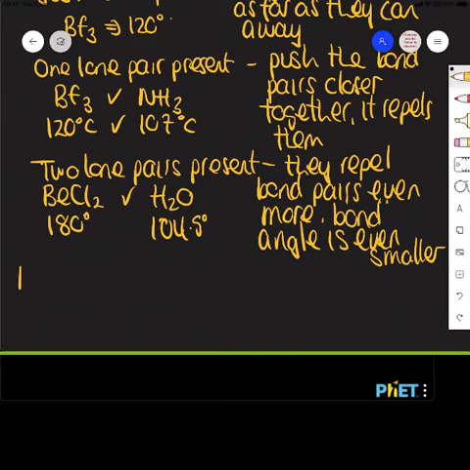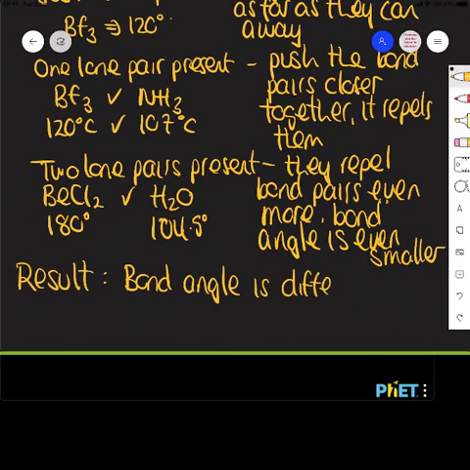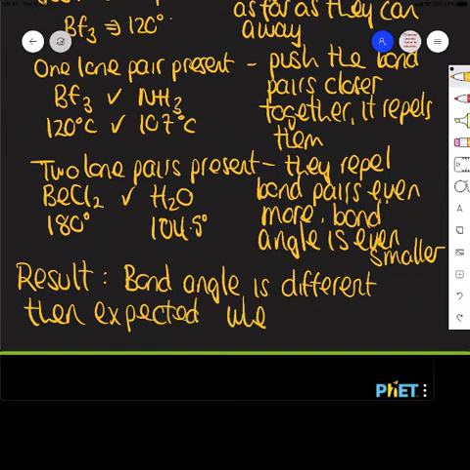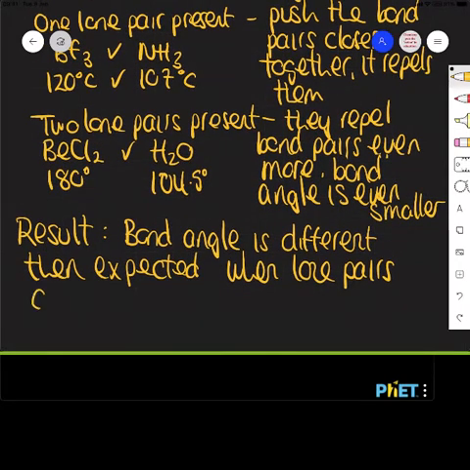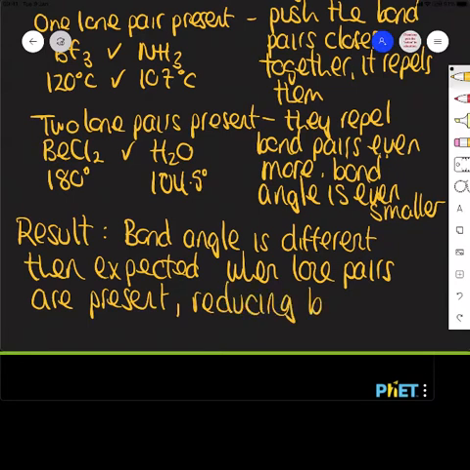In terms of the result for this particular rule, the bond angle is going to be different than expected when these lone pairs are present, reducing your bond angle and changing your shape.